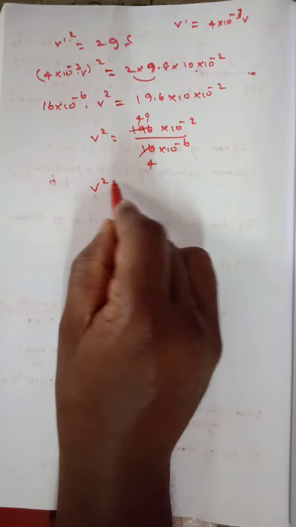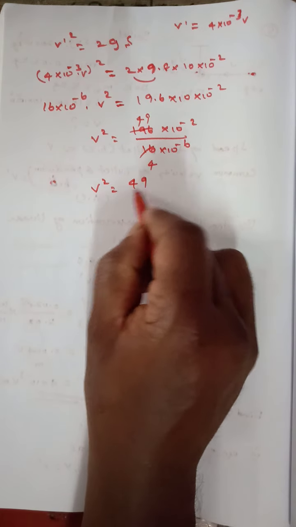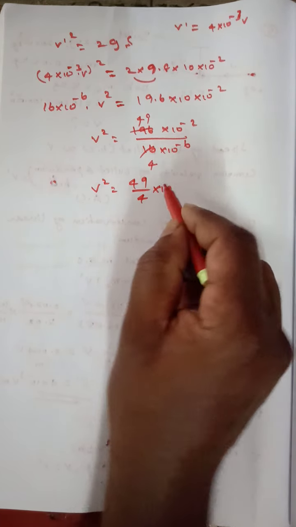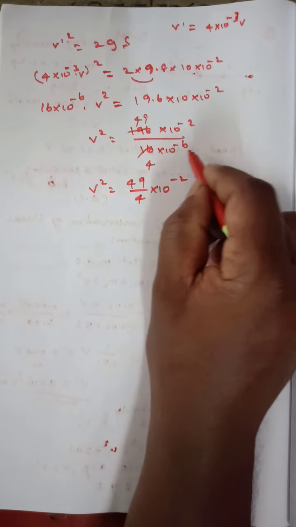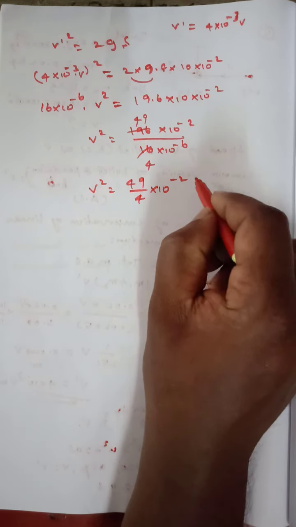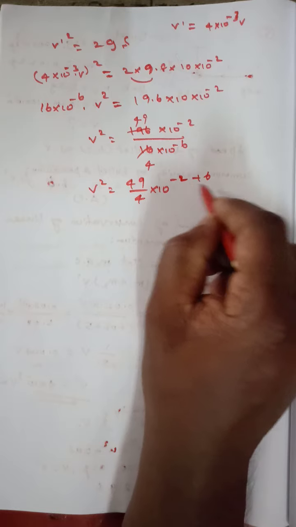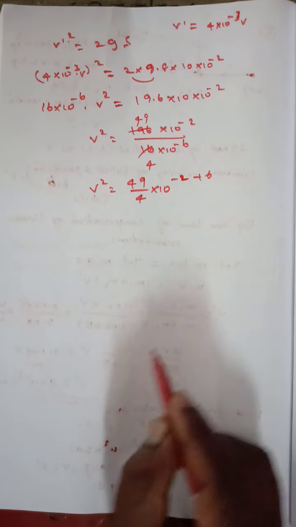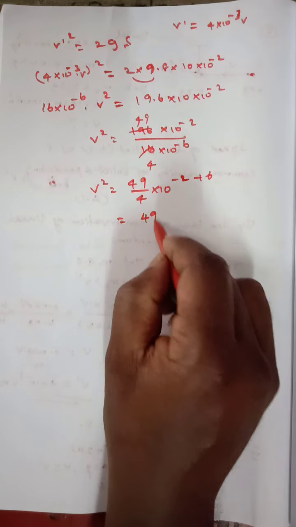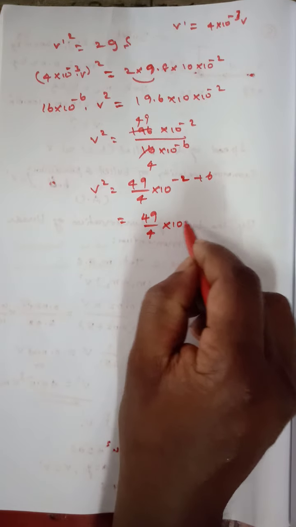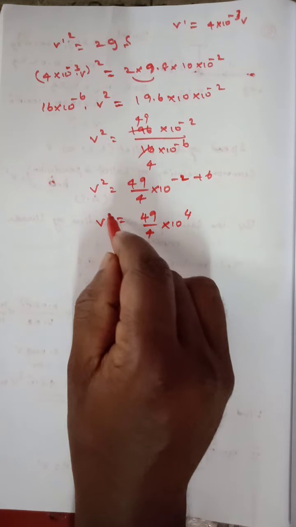So v square is equal to 49 by 4 into 10 power, minus 6 comes to the numerator with plus 6. So minus 2 plus 6 is plus 4. We have 49 by 4 into 10 power 4, the value of v square.